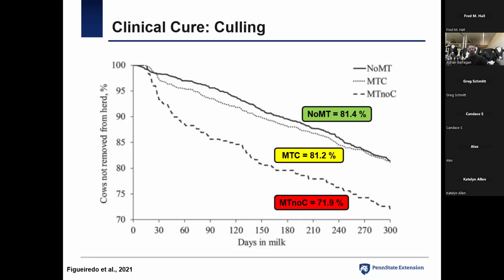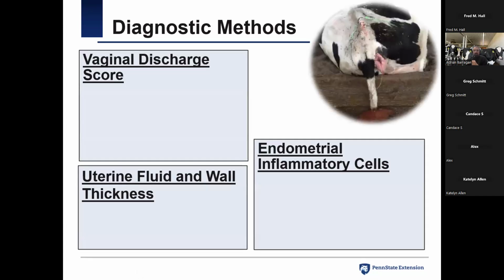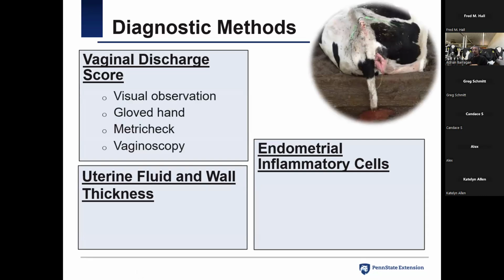All right, so this is sort of a brief snapshot about the very significant negative effects of metritis on performance and welfare of the animal. So, how can we diagnose this disease? A number of ways. We can do vaginal discharge score. We can do endometrial inflammatory cells assessment. We can do uterine fluid and uterine wall thickness assessment.